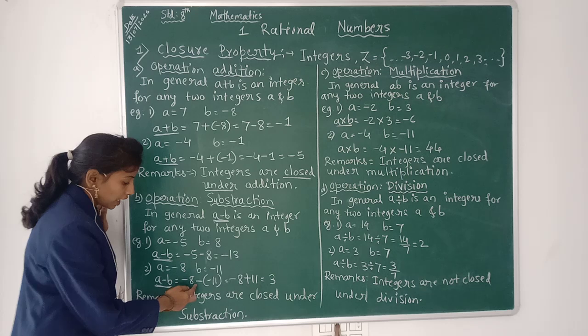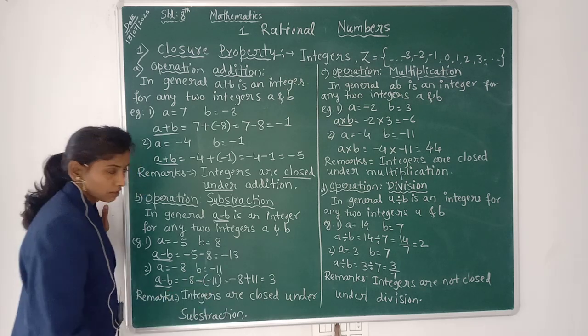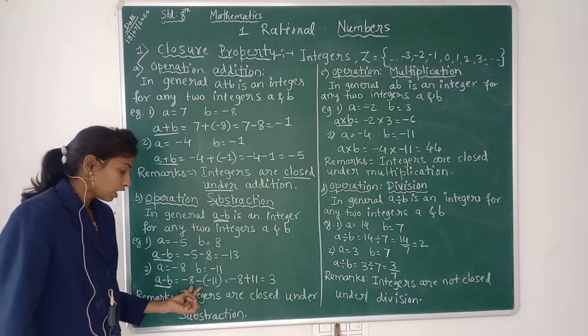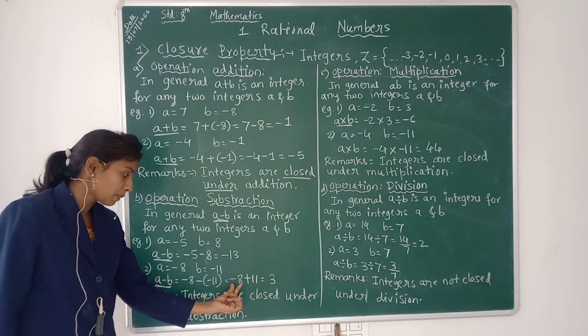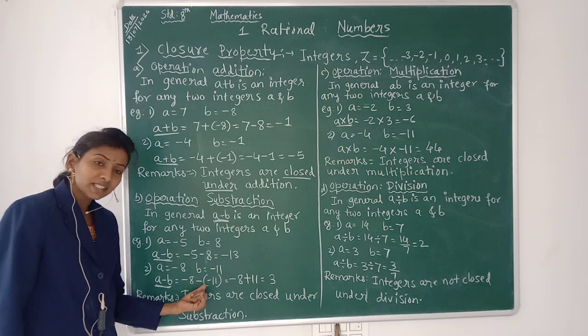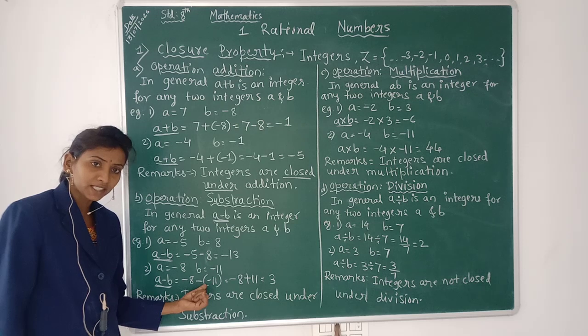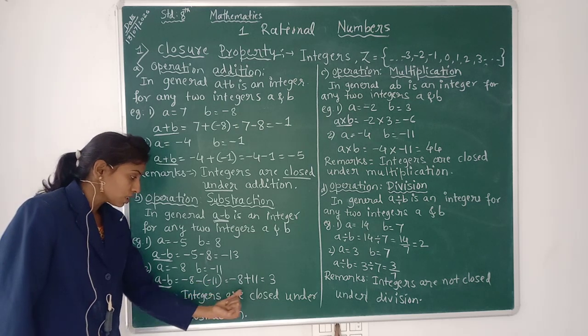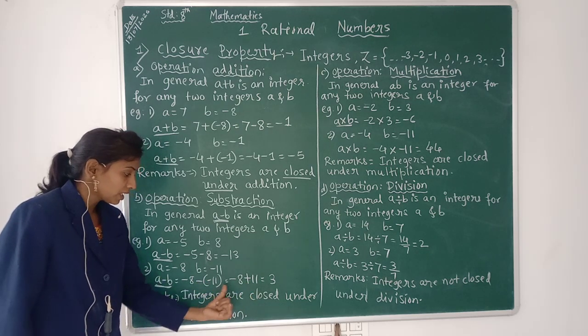So minus 8 minus, in brackets, minus 11. Now do the calculation. Minus 8 stays as it is. A bracket means multiplication, so do the signs first: minus into minus gives plus. 11 stays as it is.